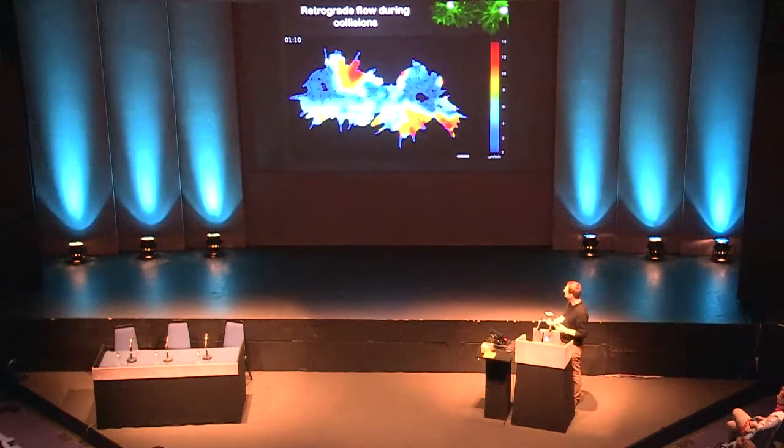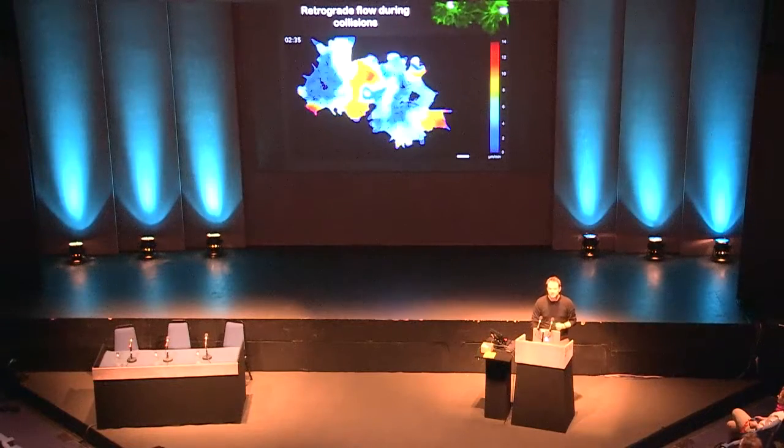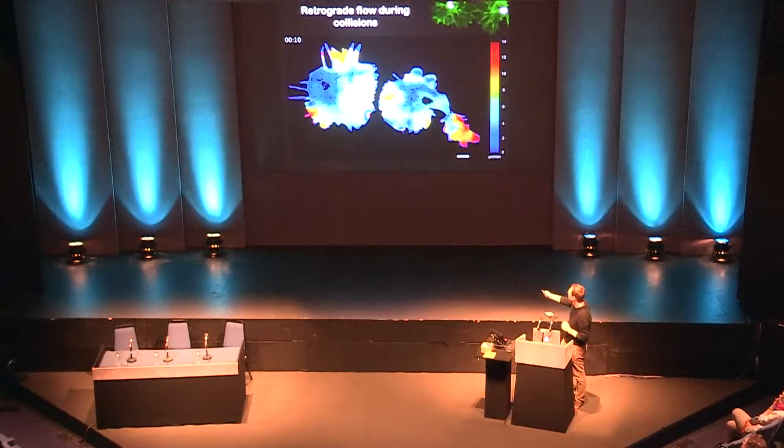So not only did we see this development of this corridor of low retrograde flow, but we also noticed that the direction that the network flowed also changed during collisions. So when cells are freely moving and prior to collision, the actin network moves from the periphery towards the cell body. And you can see that by these arrows here.